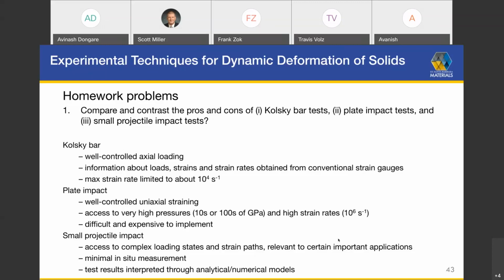Okay? And this often involves coupling the projectile with the specimen in the sense that the projectile response will actually depend on the specimen properties. Okay? So that's the downside. Those are the key items.